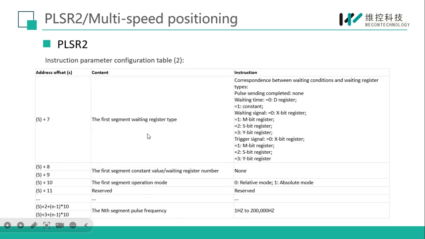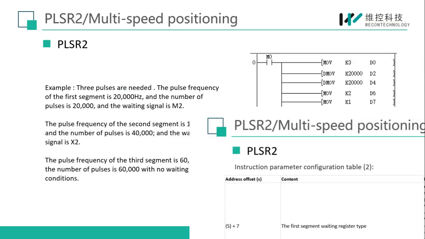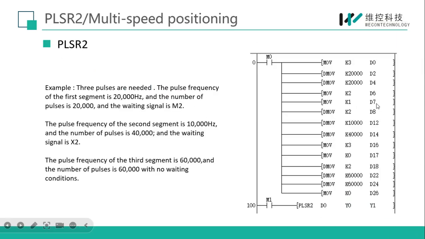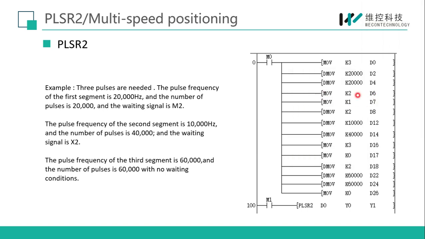We can go back to check. 2 means we wait for a signal when it is on, and then we can check which register we choose. Here D7 is 1 and D8 is 2.